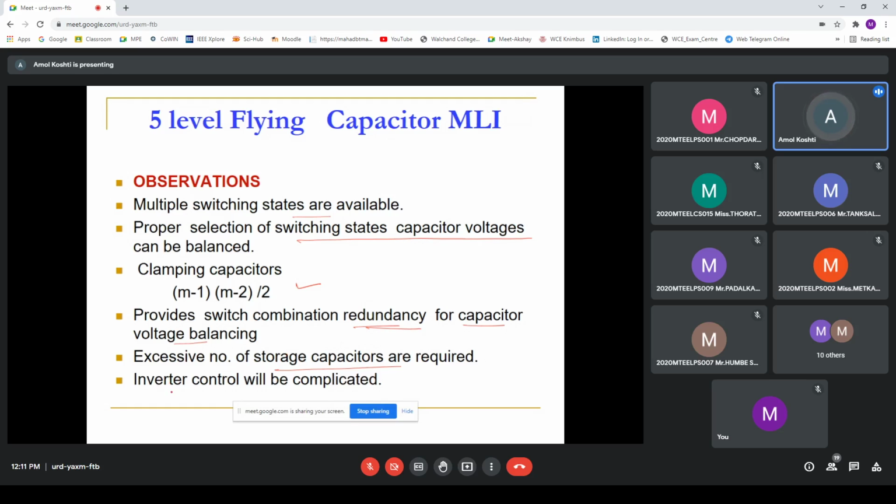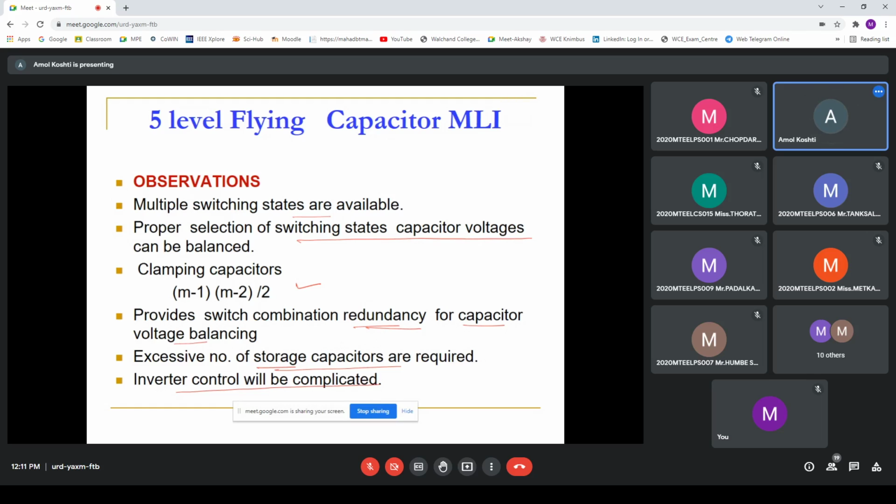And as I told you, because of this storing nature, we cannot easily take the capacitor into the circuit. Because some energy, some potential exists on the capacitor, that control becomes complicated. Control means to turn on the switch, we have to take care which capacitor is coming into the circuit and whether there is an excessive voltage at the load side or not.